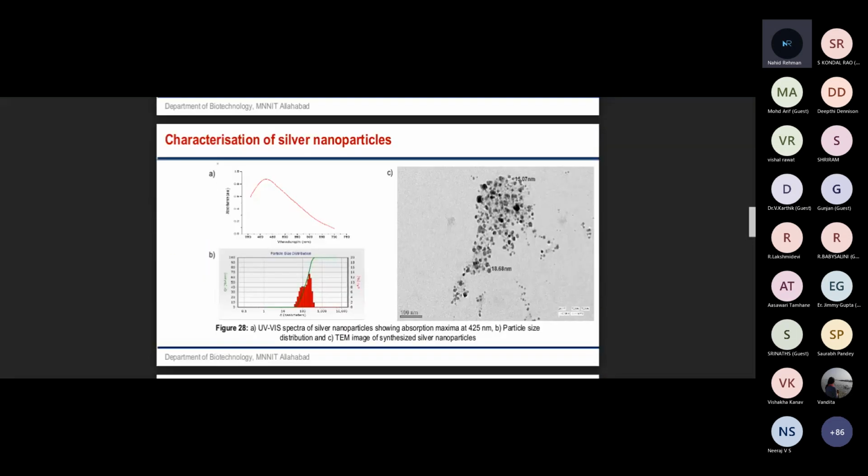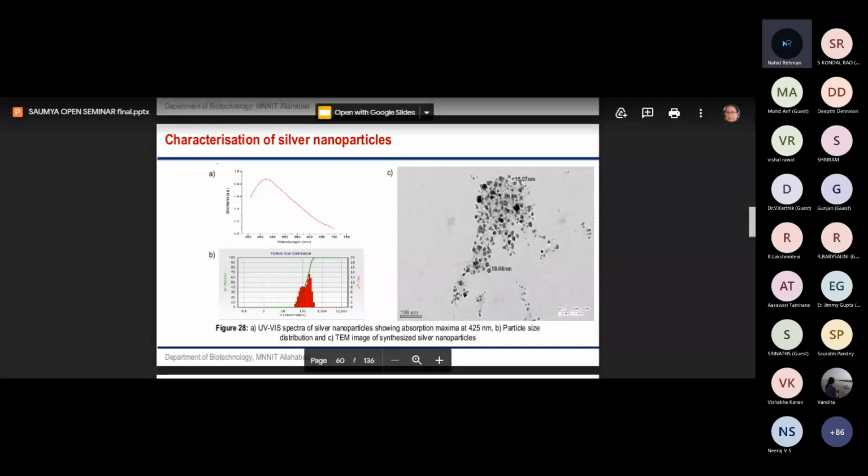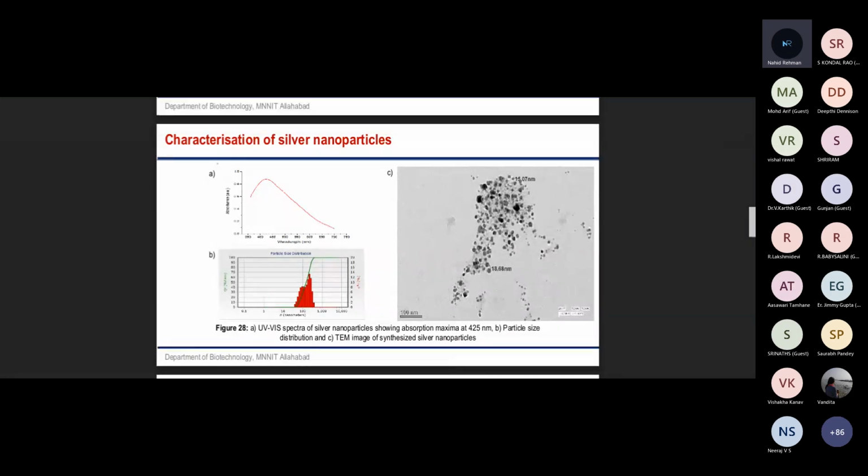Suppose you are making silver nanoparticles, then the size and distribution is different, the shape is different, and the characteristics are also different with respect to the UV spectra as well as the size distribution.